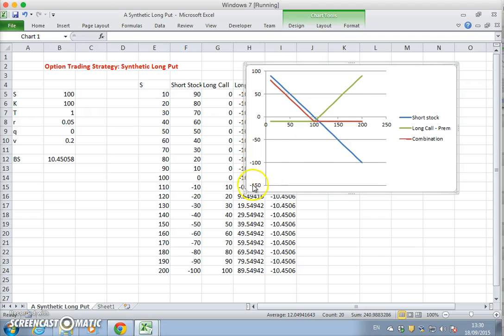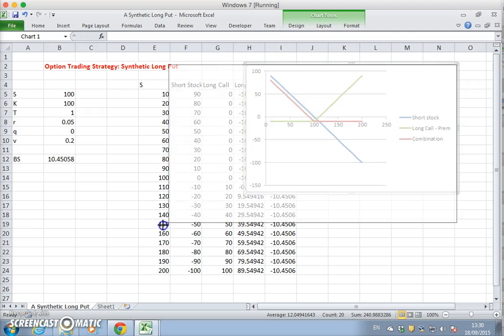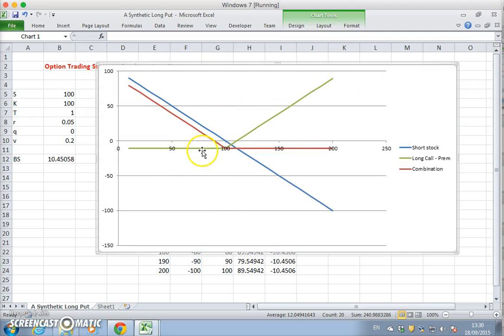So what we've demonstrated here is that the long call combined with a short position in the stock provides us with a portfolio that's equivalent to a long put or a synthetic put.